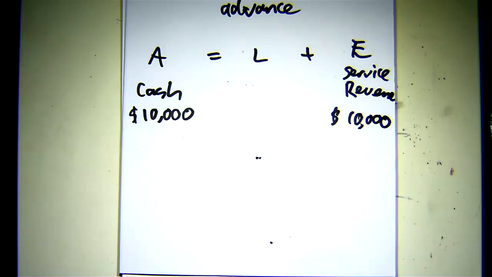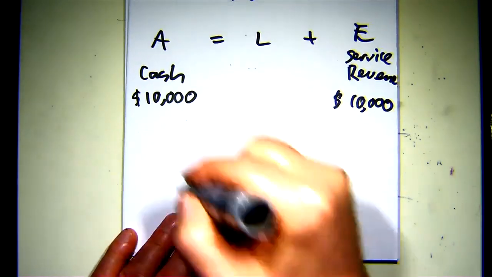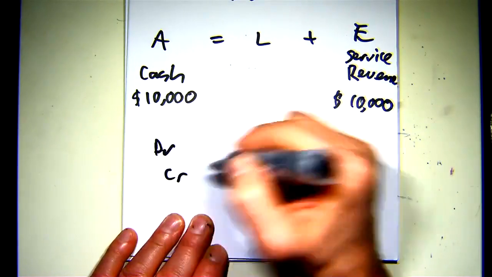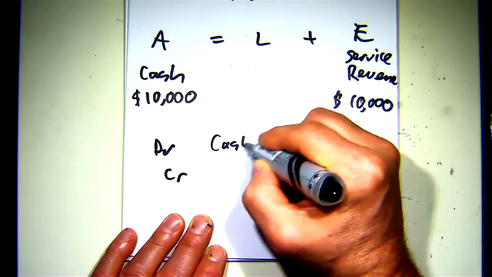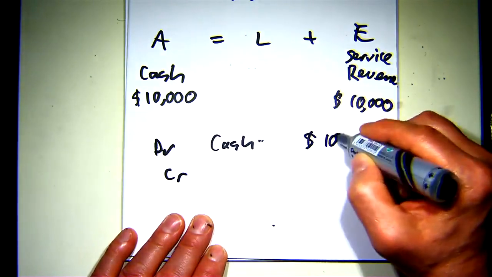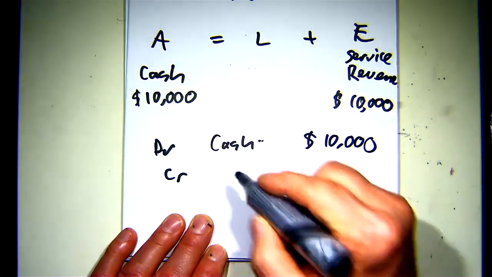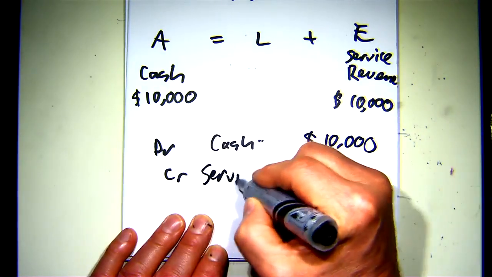So revenue fits under our equity because it has the effect of increasing equity. And then if we convert that to our debits and credits, we receive cash, we debit cash by $10,000. And we'll credit service revenue.